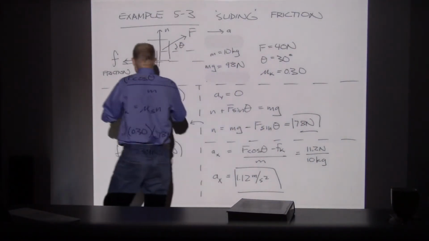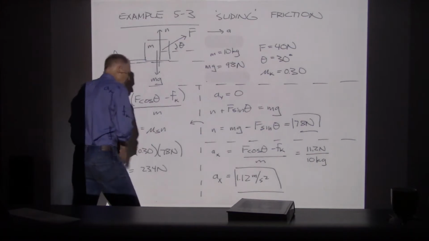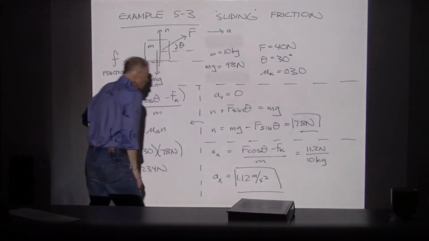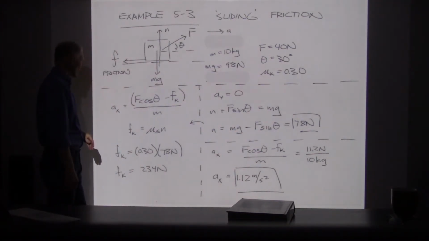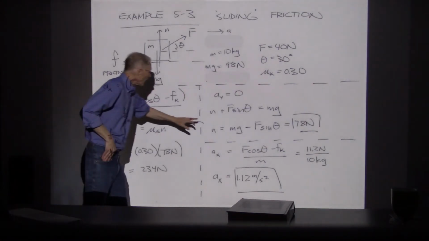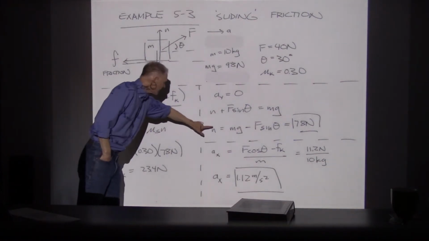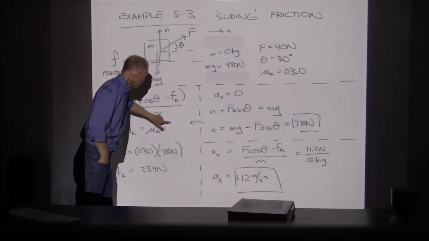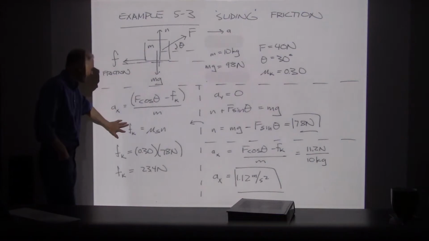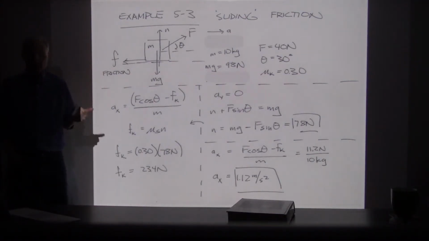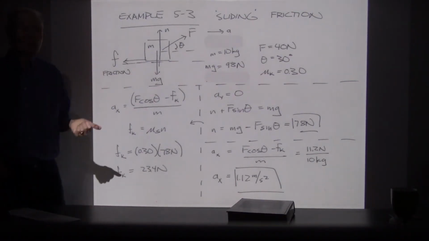Now I've got the horizontal direction. I've got this stuff, and then I had to fill it in down here too. So let's do this. I calculated the normal force. What I'm going to do is take that value of n and bring it over, and that's going to help me determine just how much kinetic friction we have.